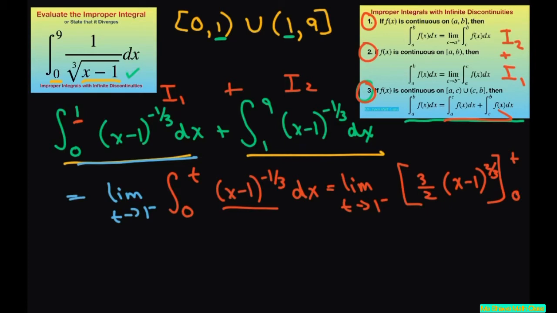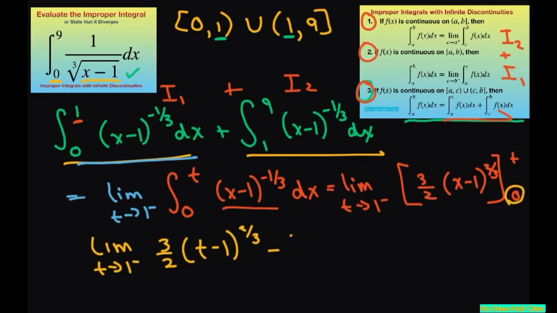So for our evaluation, we get the limit as t approaches 1 from the left. Do your substitution, 3 halves times t minus 1 to the 2/3 power, and then when you plug in the 0, you're going to get minus 3 halves, because this is going to equal 1.